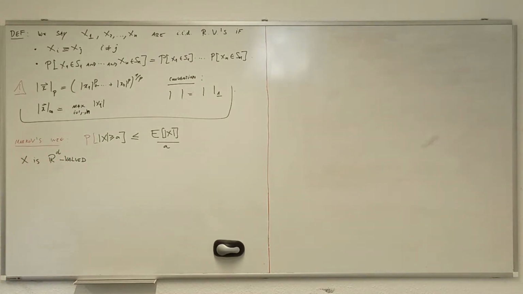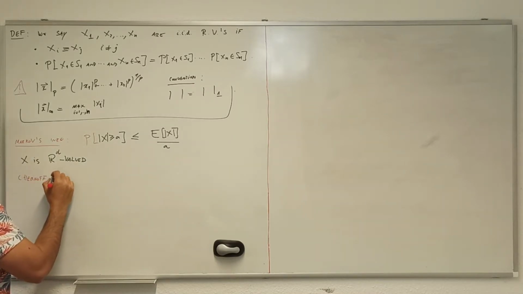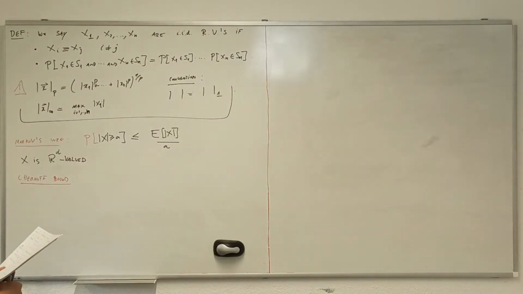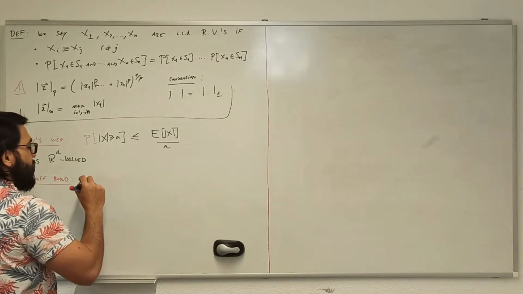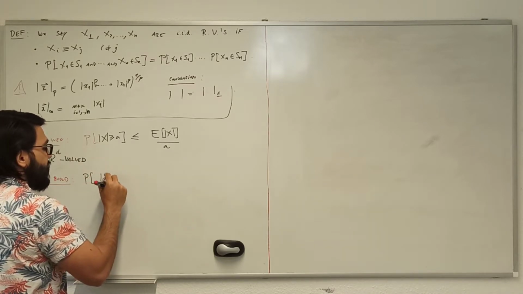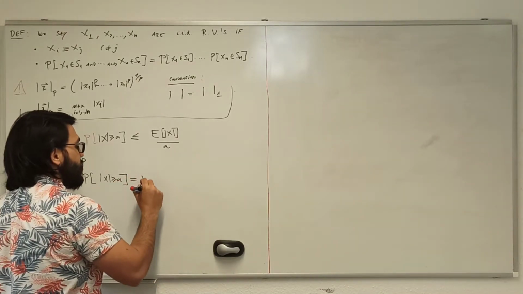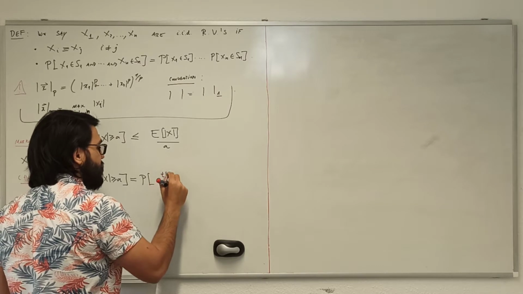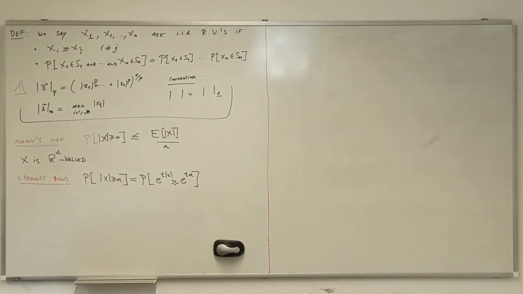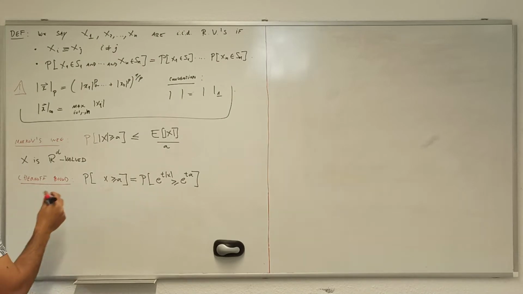And we have what's called Chernoff's bound, or Chernoff's inequality, which is a clever way of using this. The probability of the moduli of x being greater or equal than a equals the probability of e to the t moduli of x being greater or equal to e to the ta. Actually, Chernoff's bound is without the moduli, so suppose that x is just R valued.